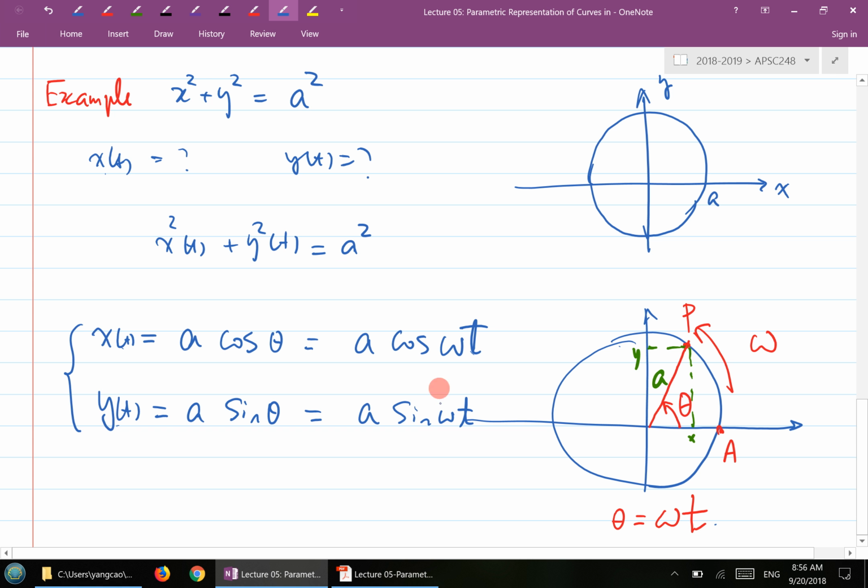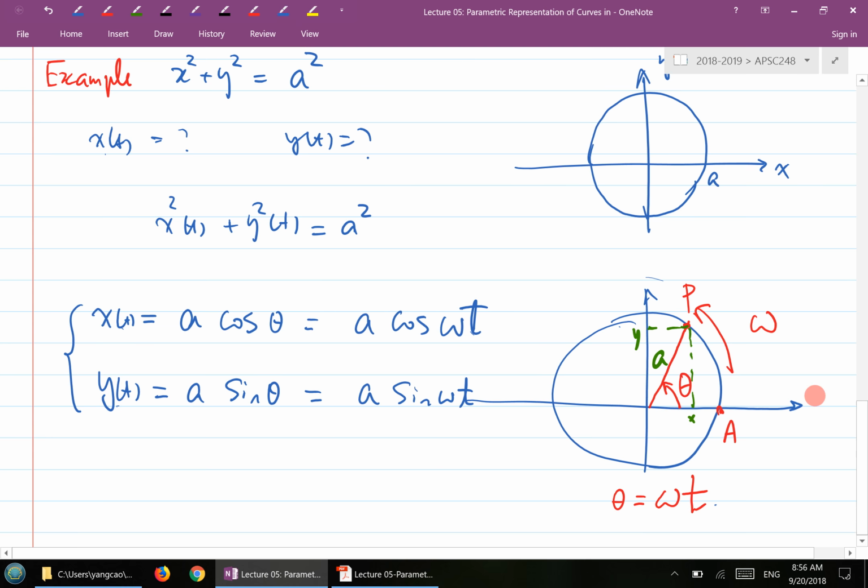So if you look at these two, nothing new, right? But now I give it a name: it's called a parametric representation for this curve. Before making it more complicated, the omega here, you can literally let omega equal anything, like 2 or 3.